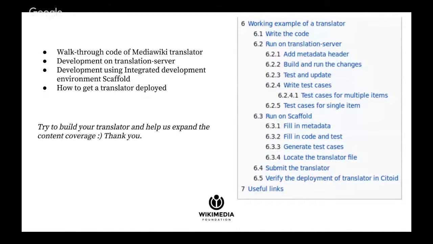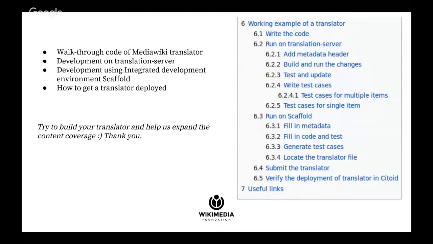Moving ahead, we have a detailed explanation of a translator for MediaWiki.org. This documentation was prepared because the current documentation was pretty old and did not have all the updates. During the internship period, Zotero released its new version, Zotero 5.0.